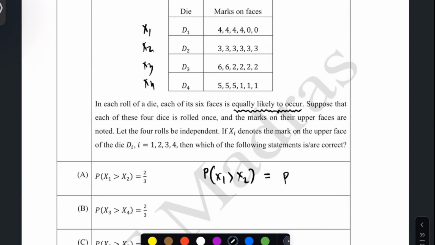That's the same as saying X1 is greater than 3, because die 2 always shows 3. So the probability is that X1 is equal to 4, because only 4 is greater than 3, and there are 4 possibilities out of 6. So it's 4 by 6, which is 2 by 3. All of you understood this? Because they're equally likely. Yes, sir.